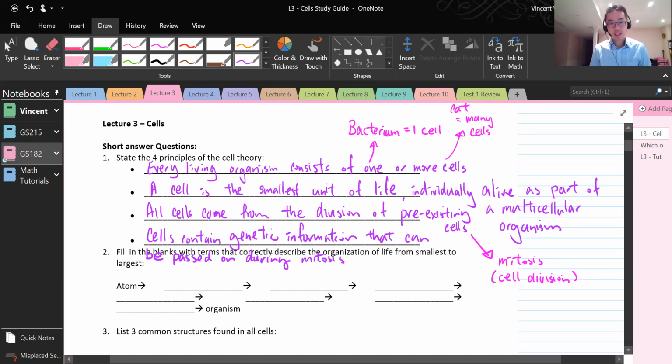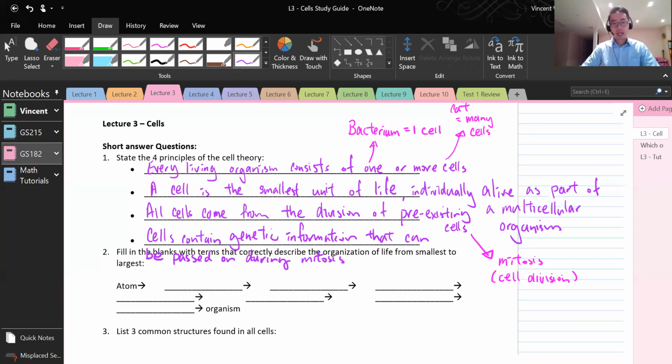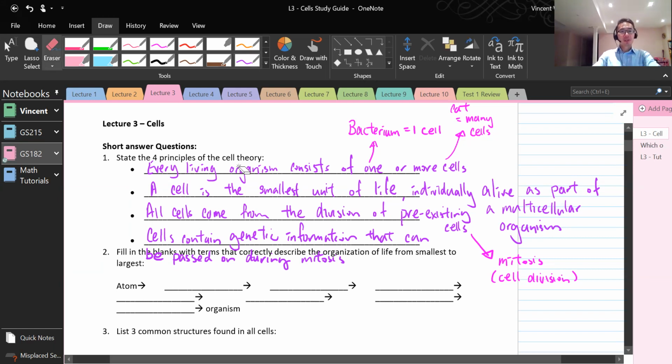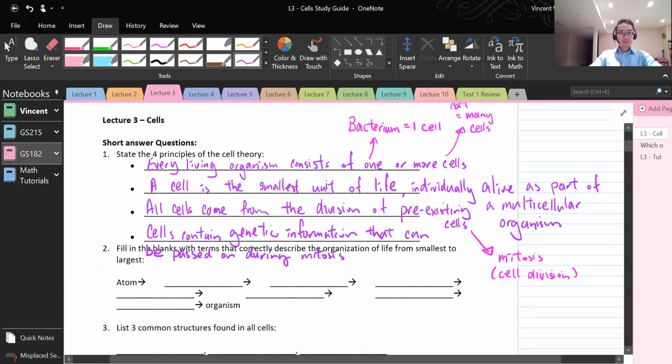Okay, so there's this ability to pass on genetic material, to copy all of its genetic material and essentially clone itself. So these are the 4 principles of cell theory.